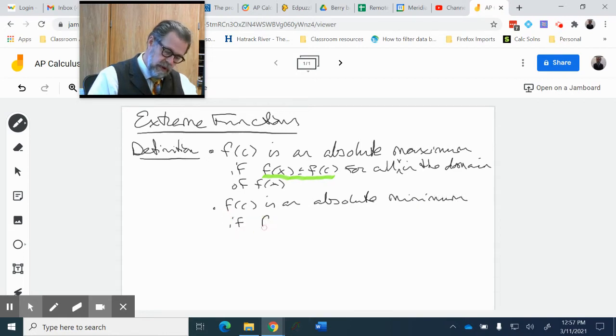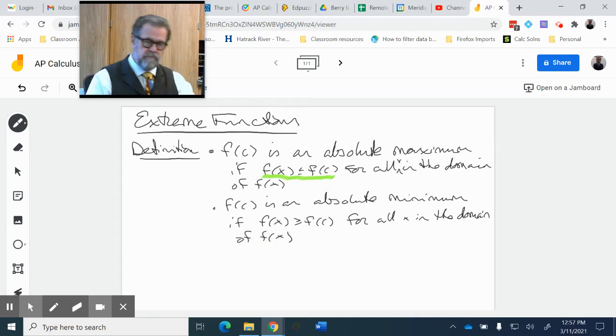If f of x is greater than or equal to f of c for all x in the domain of the function. So in other words, if every y value in the function is above or equal to some number, well, then that number is the absolute minimum.